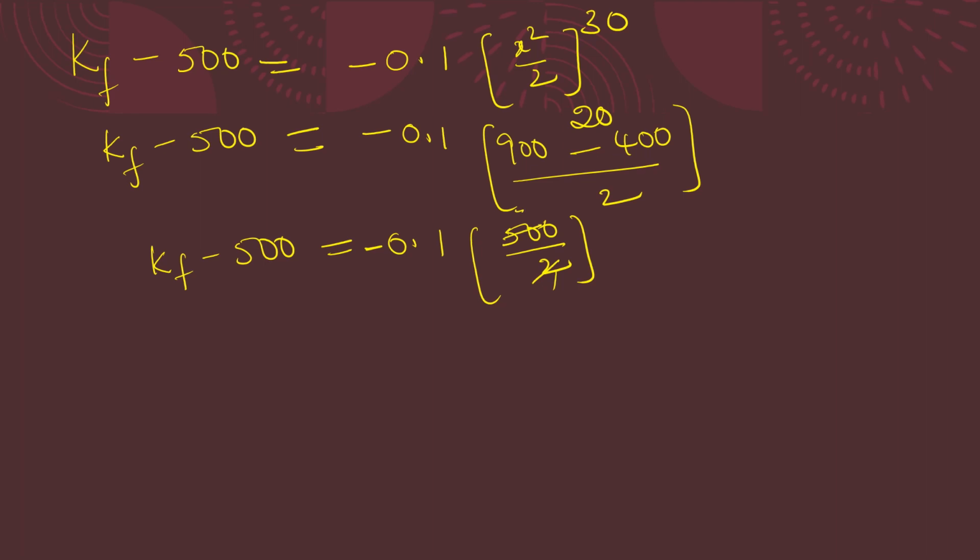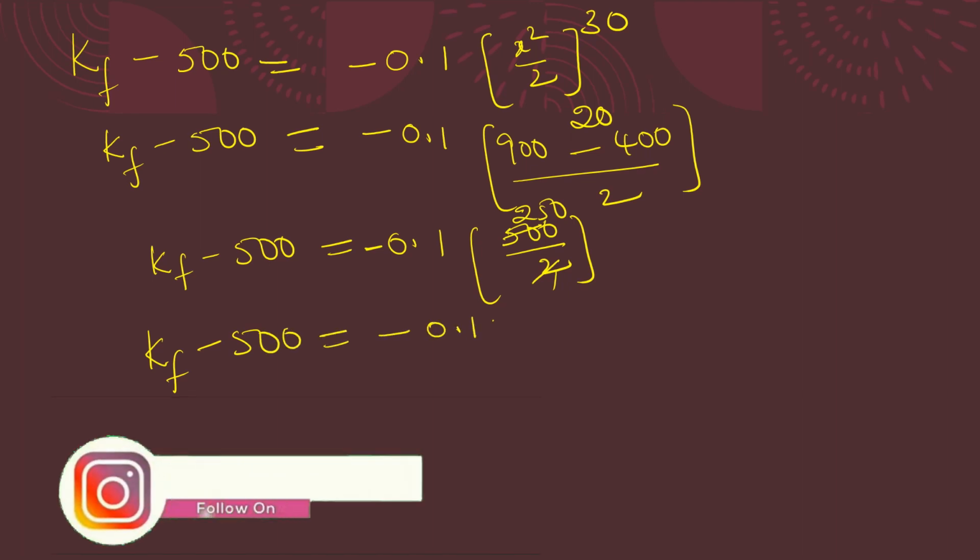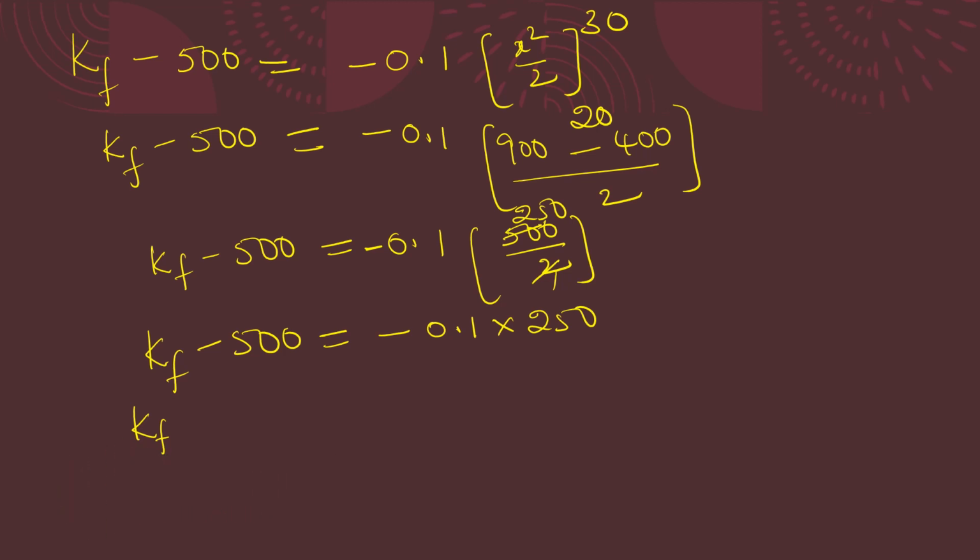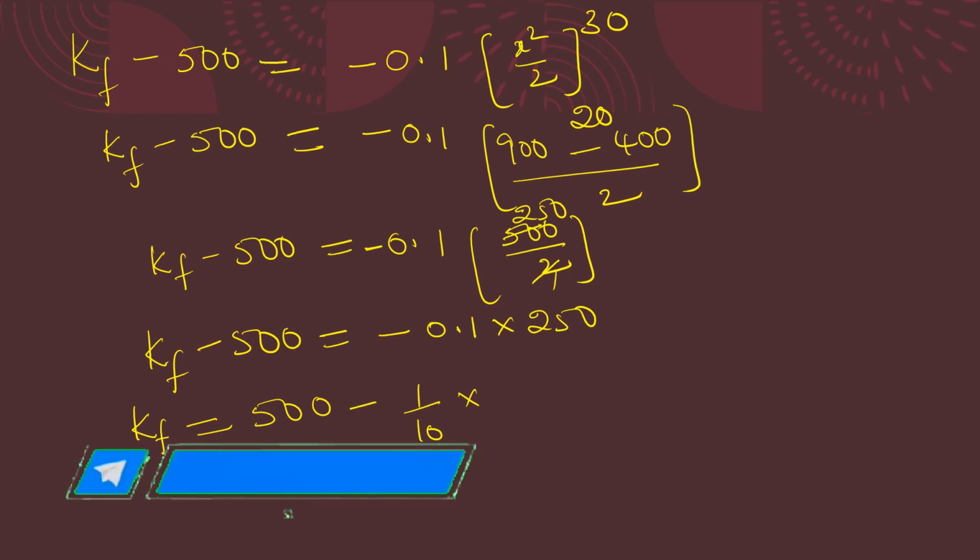2 ones are 2, 2 fives are 250. So Kf minus 500 is equal to minus 0.1 into 250. So this can be written as Kf equals minus 500 going this side, plus 500, minus 0.1, nothing but 1 by 10, into 250.